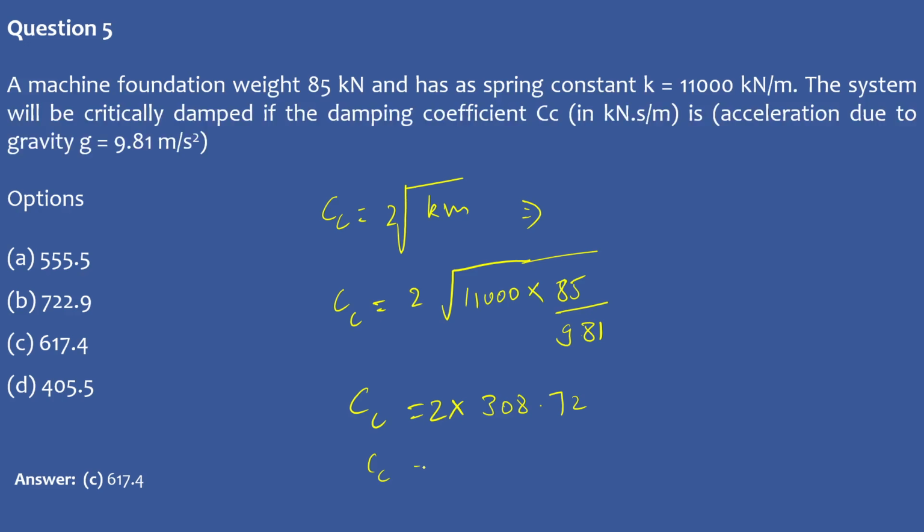So your Cc value is basically 607.45 kilonewton second per meter. So this is your critically damped system.